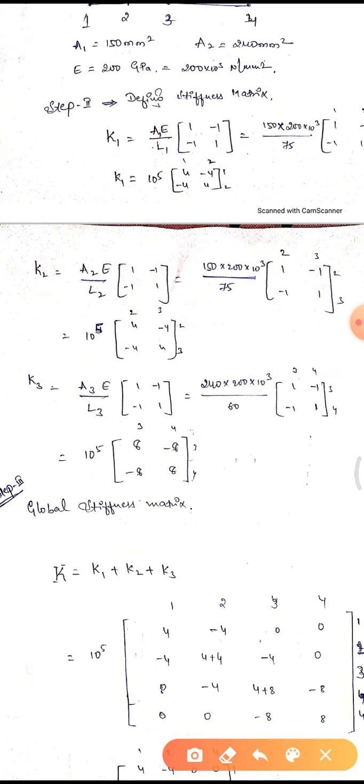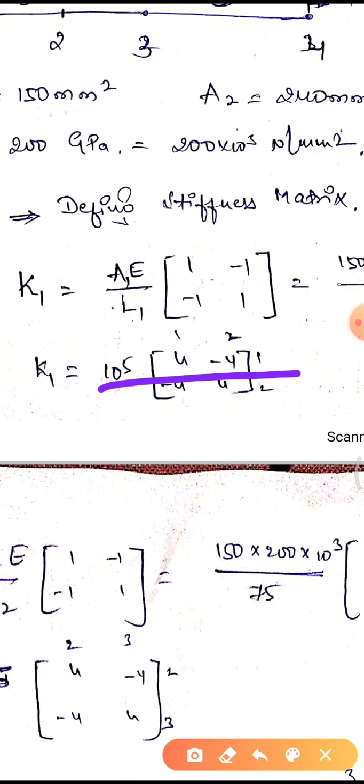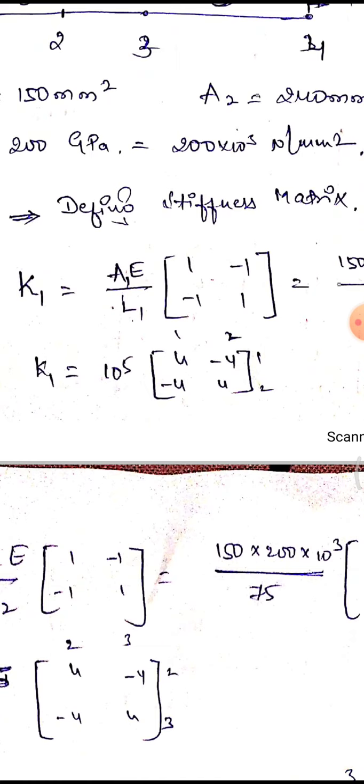Clear? Once we substitute that, next we need to go for the first row, second column, that is nothing but minus 4. How has it come? Let's again go here. Here you can see the elemental stiffness matrix K1, where we have the first row and second column. Here you can see this minus 4, that is first row, second column.